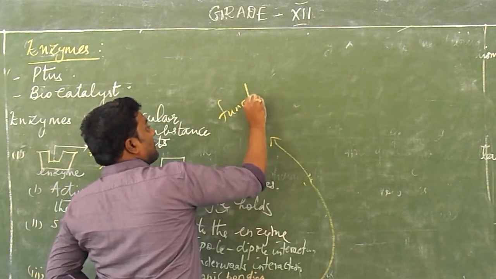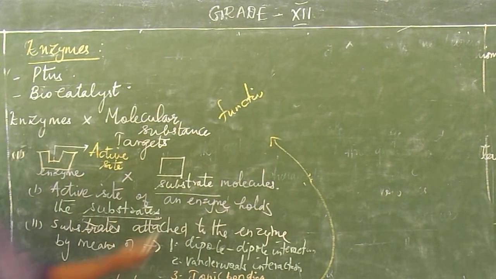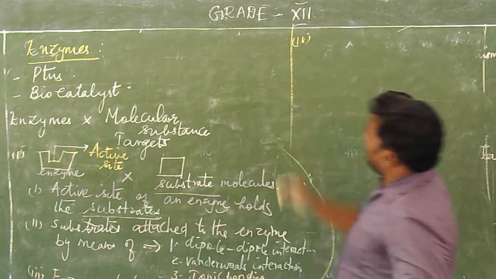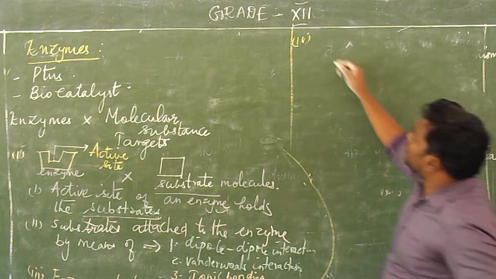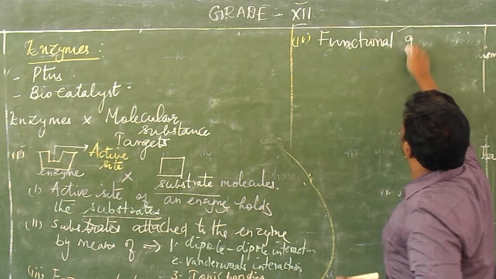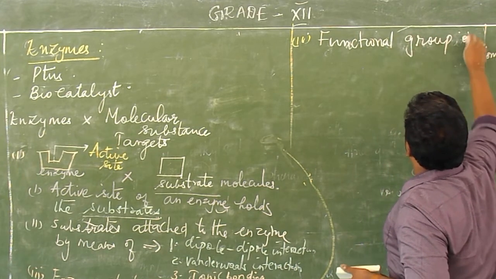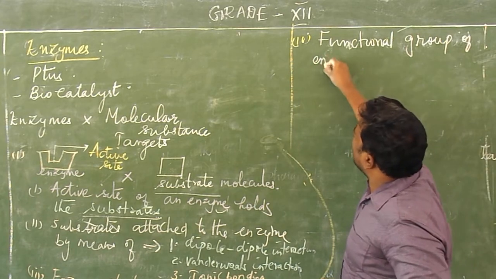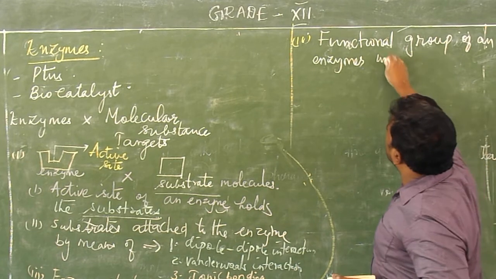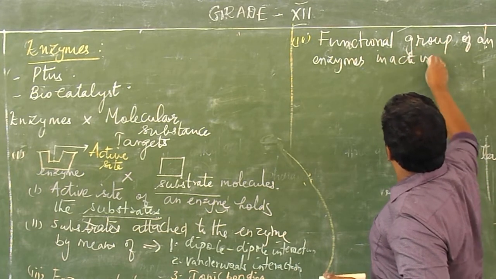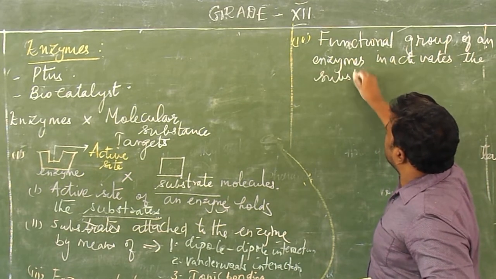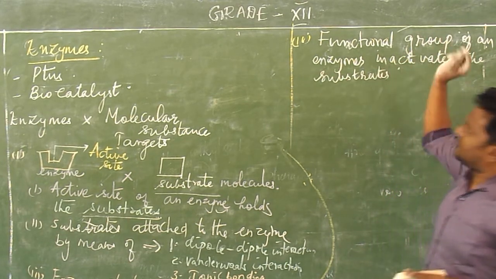Functional groups. The third point I had written here. Now coming to the fourth point. What is the fourth point? The functional group of an enzyme inactivates the substrates.